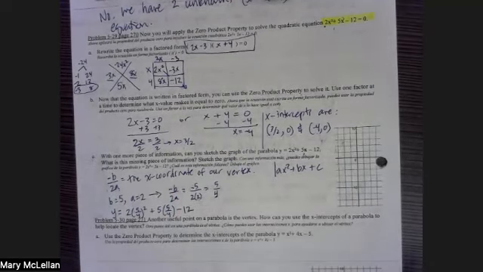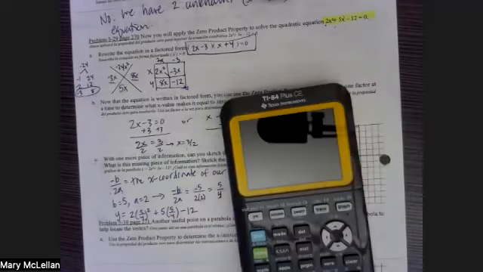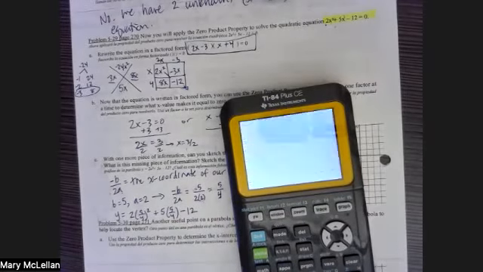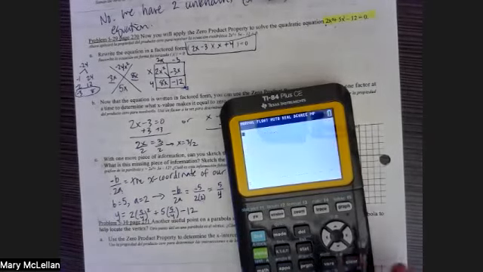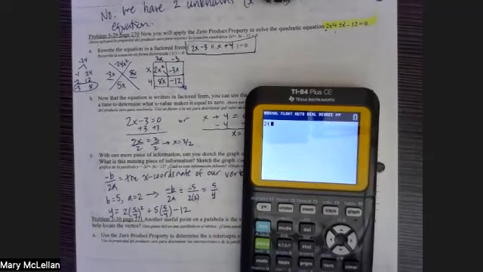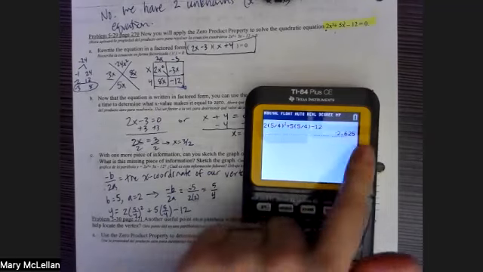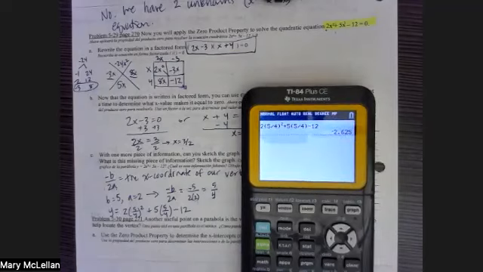What do you get? Pardon me, I need a calculator. Okay. So 2 times 5 over 4 squared plus 5 times 5 over 4 minus 12 equals negative 2.625.